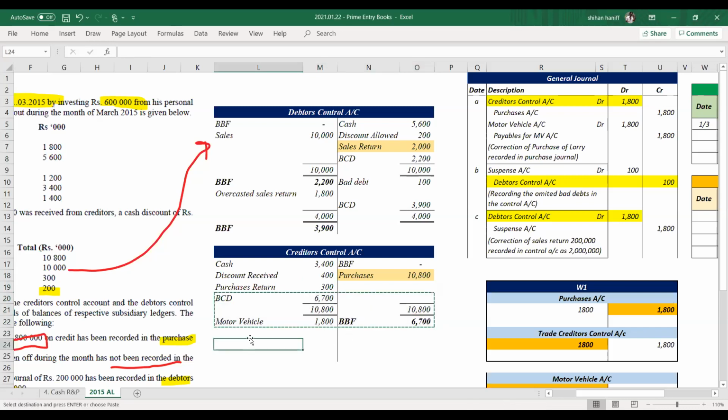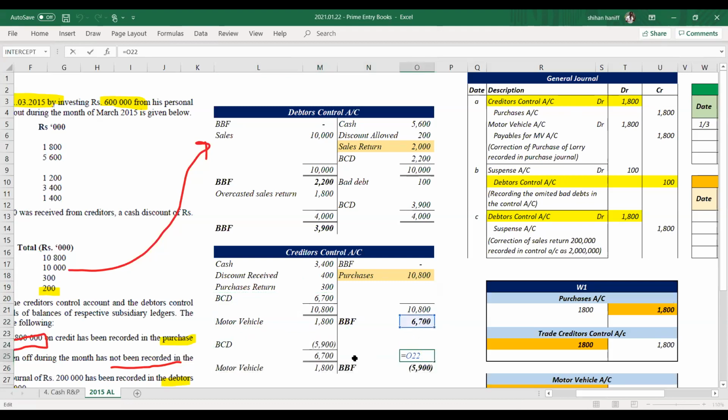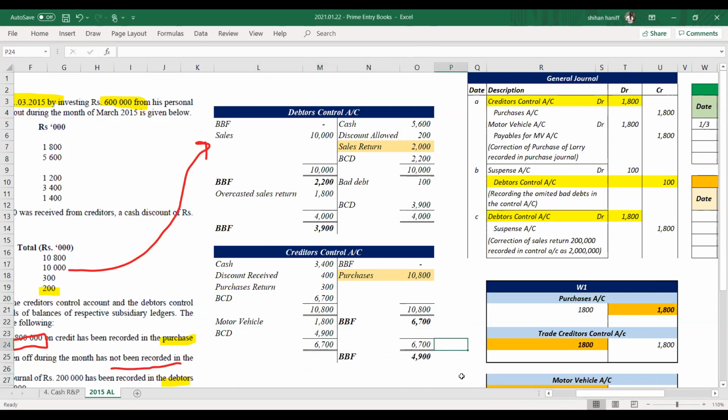And the closing balance is 4.9 million. So this is the debtors control account.